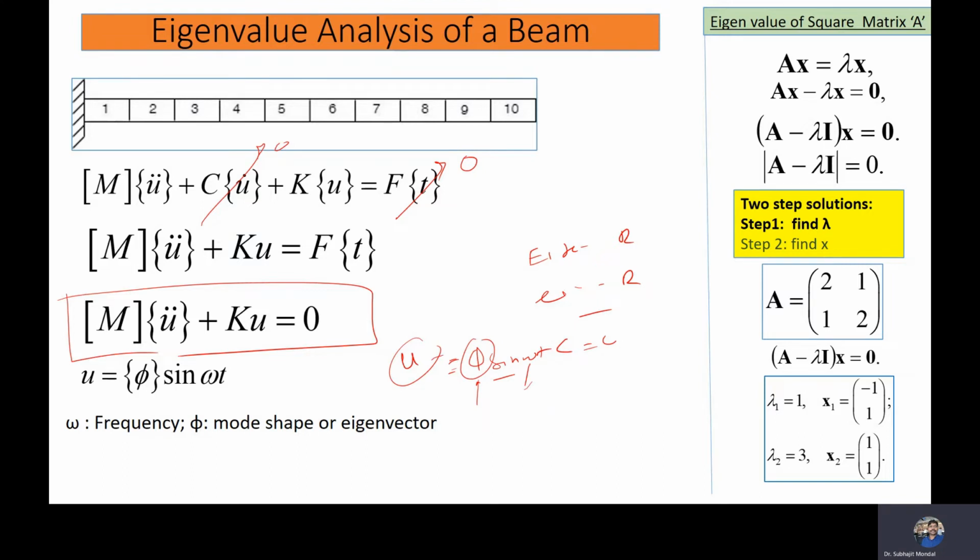So we'll put this value of u in the equation and see what we get.